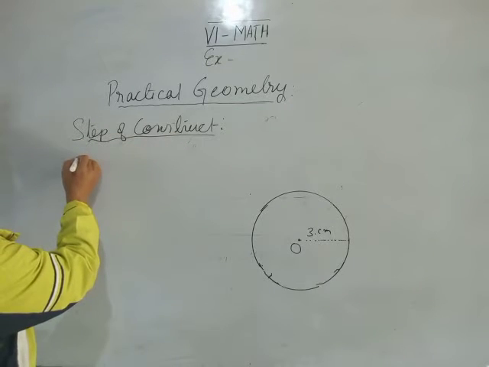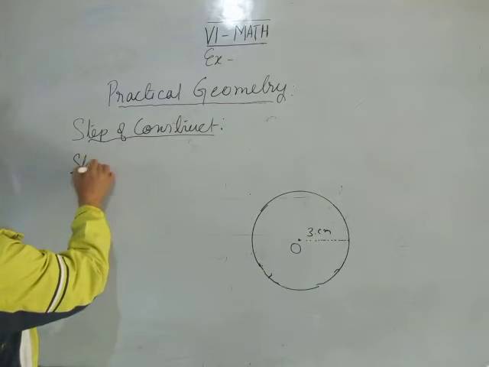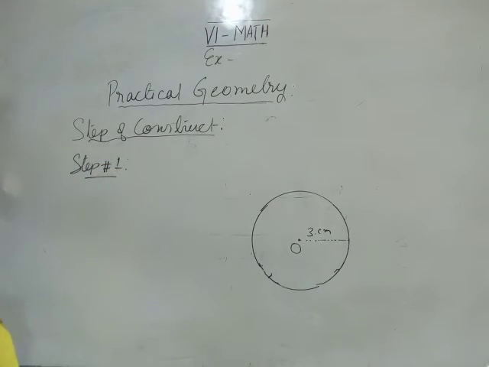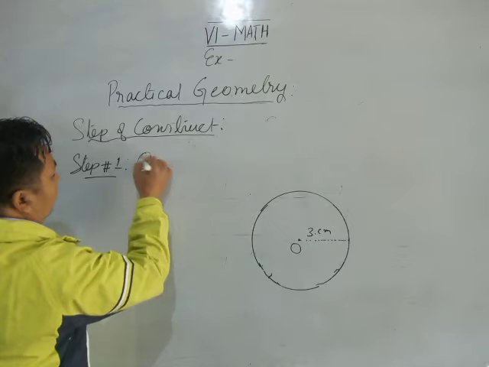So step number 1. What do we do first of all? First of all, we take the measurement of this 3 centimeter with our compass. Actually, it is called adjusting the compass, or we can say open your compass.